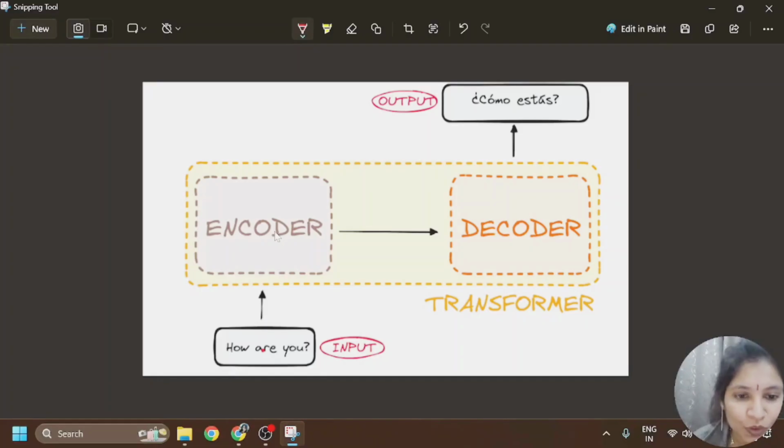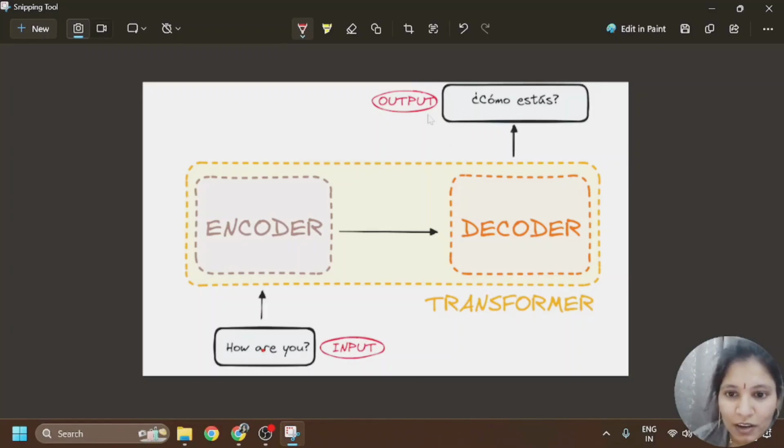After this, the encoder passes its output into the decoder, so the output of the encoder becomes the input to the decoder. The decoder generates the output text, "cómo estás", which is how "how are you" is translated in Spanish.